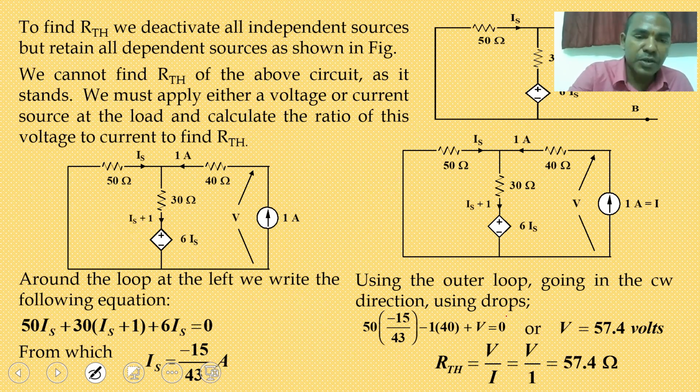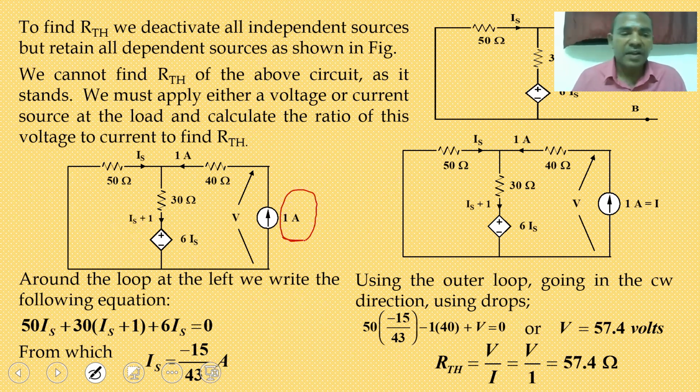So let us assume a 1 ampere current source, and with respect to that I am calculating the currents. Once I have calculated the currents, then you can go for the calculation of the voltages, then you can calculate the RTH value.